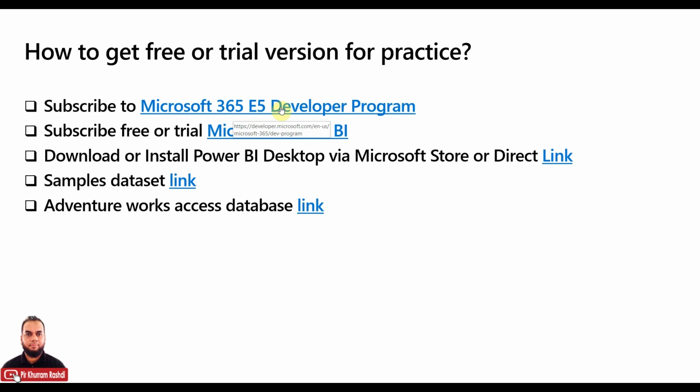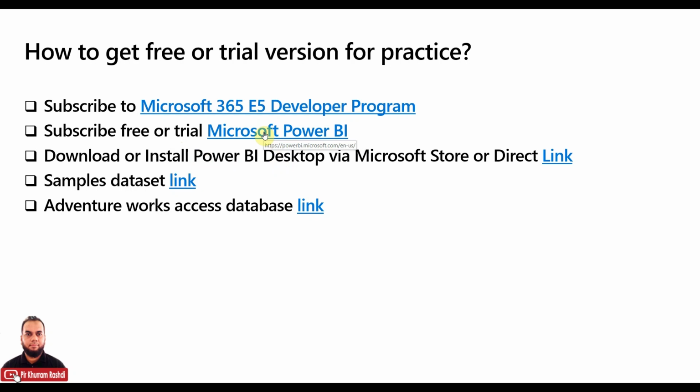So if you have not yet done it, you can just go ahead and subscribe to the Microsoft 365 E5 developer program, and once you have subscribed, you can next go to the Power BI website and subscribe to the free or trial version there. This is a time limited version, but what benefit you can get is, whatever reports you design in Power BI Desktop, you can sign in using Power BI Desktop to your cloud account and deploy that report to the cloud account.